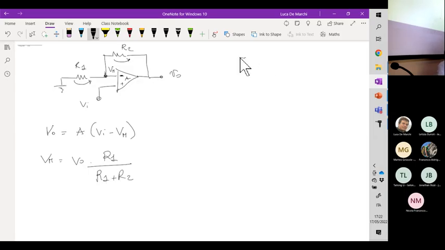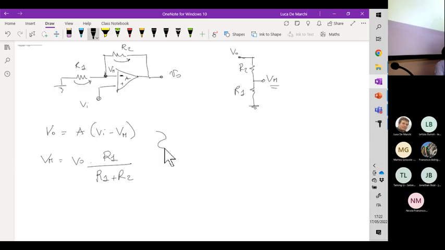So we are analyzing this circuit: V out, R2, R1, and V minus.